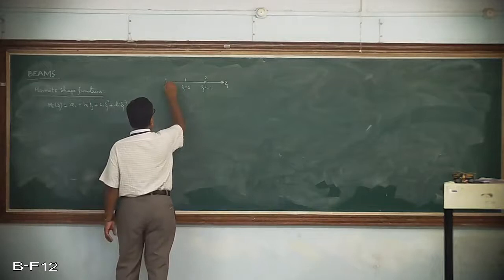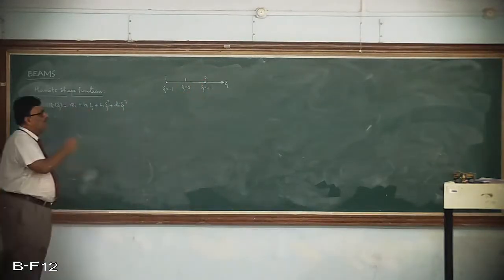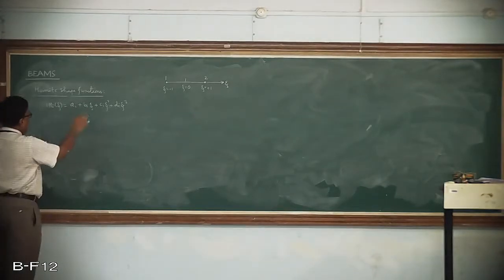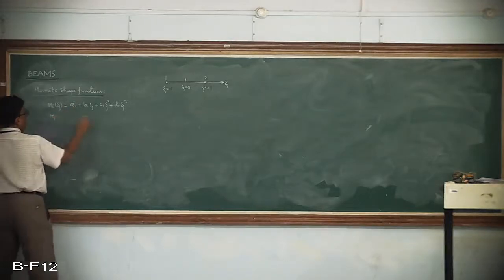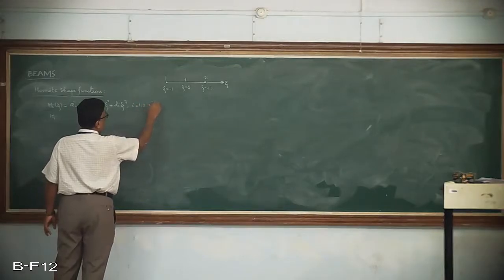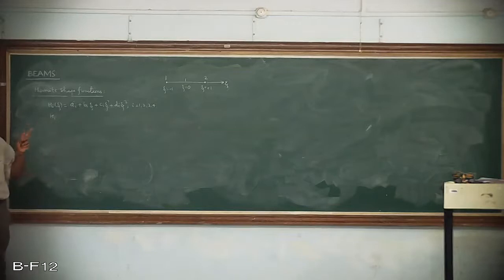So the shape functions are always defined with respect to zeta equal to -1 and zeta equal to +1. Here i varies from 1, 2, 3, 4, because I need 4 Hermite shape functions, H1, H2, H3, H4.